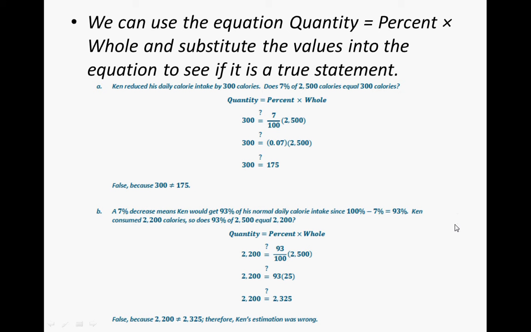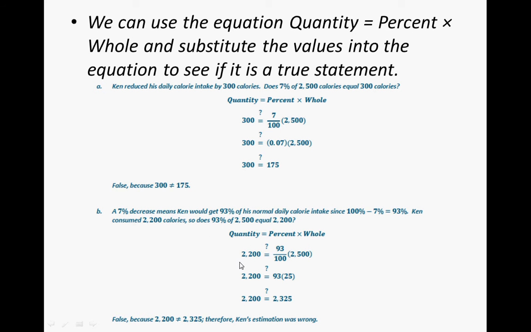And for part B, a 7% decrease means Ken would get 93% of his normal daily calorie intake, since 100% minus 7% is 93%. Ken consumed 2,200 calories, so does 93% of 2,500 equal 2,200? So let's check that.